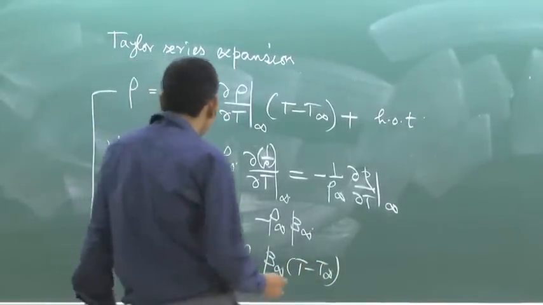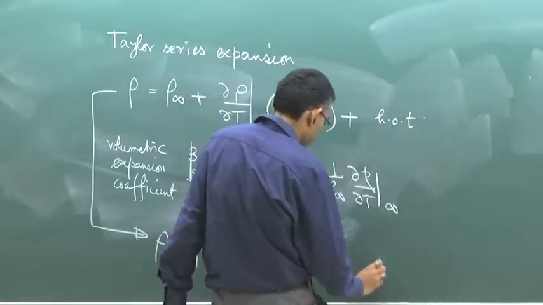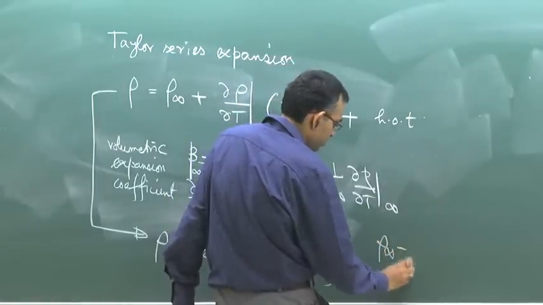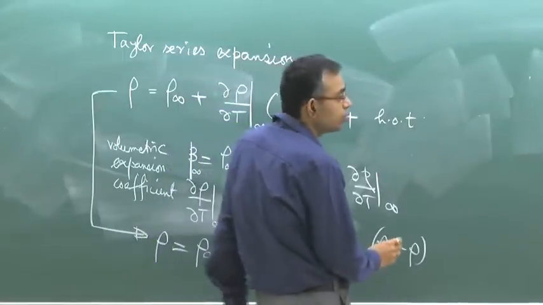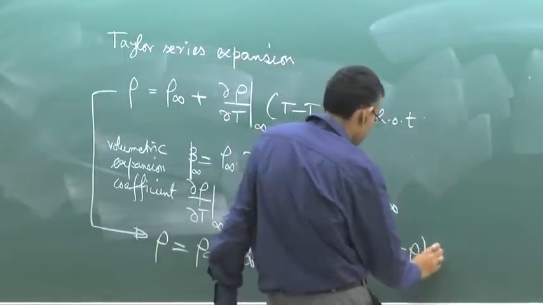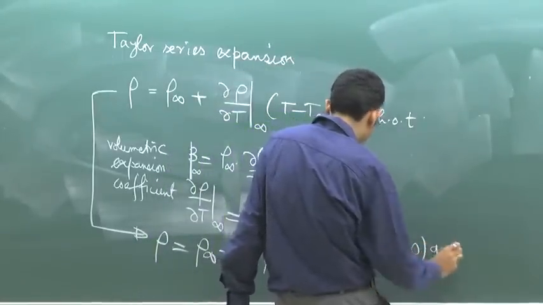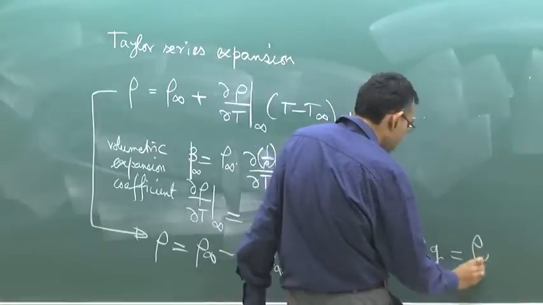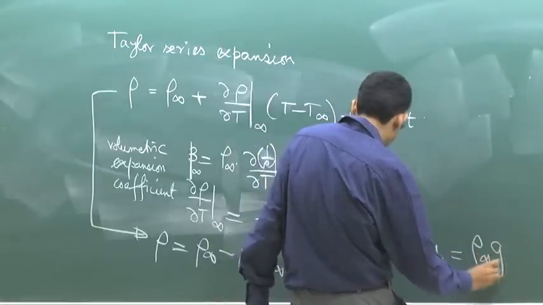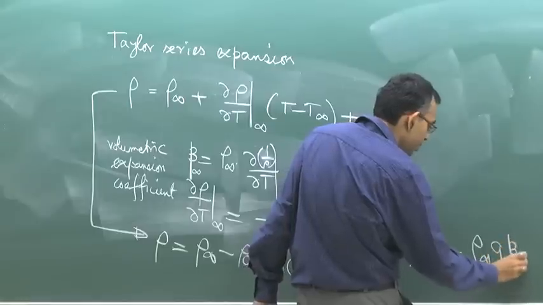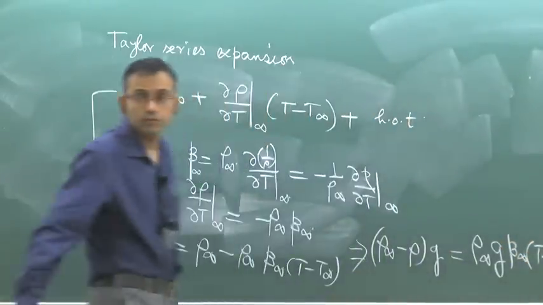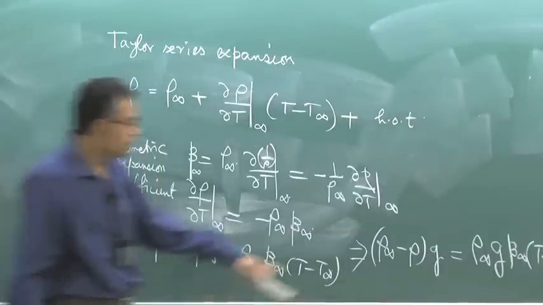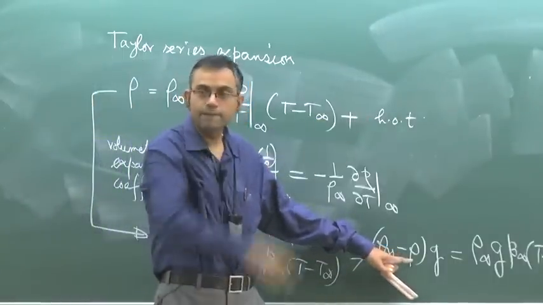So rho infinity minus rho into g becomes rho infinity g beta infinity into T minus T infinity. This is the body force term you can see there.